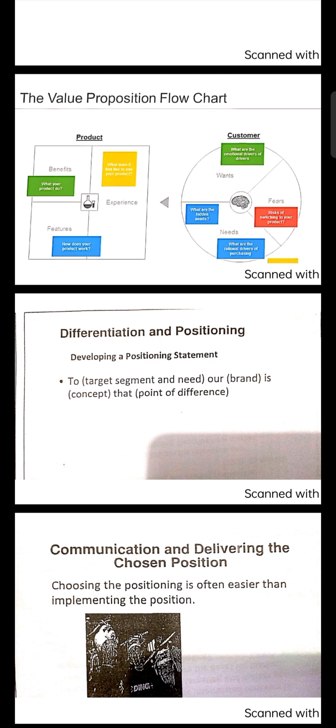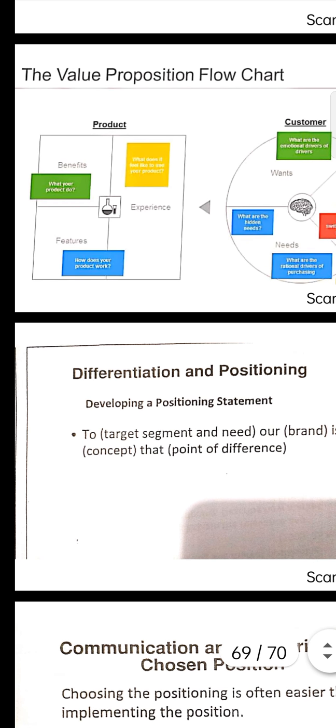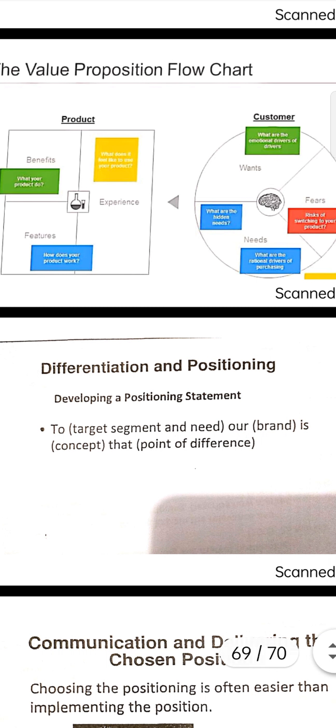So the value proposition flow chart. You can look at this flow chart, it's quite straightforward. The left side is the product, the right side is the customer. For the product, what's the benefit of the product, the experience of using the product, and the features of the product.